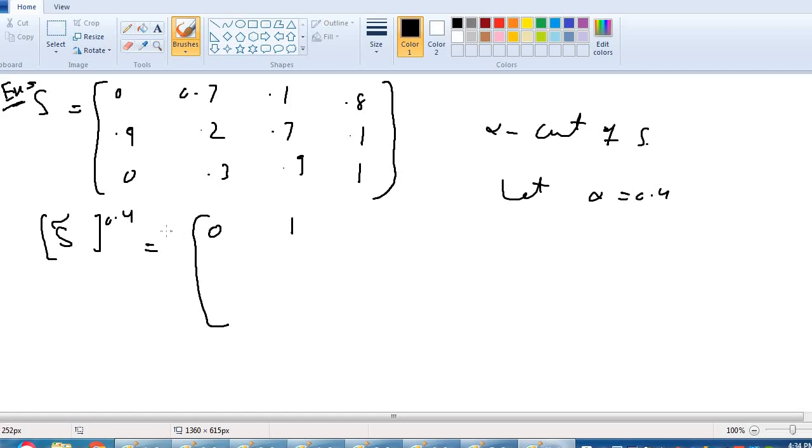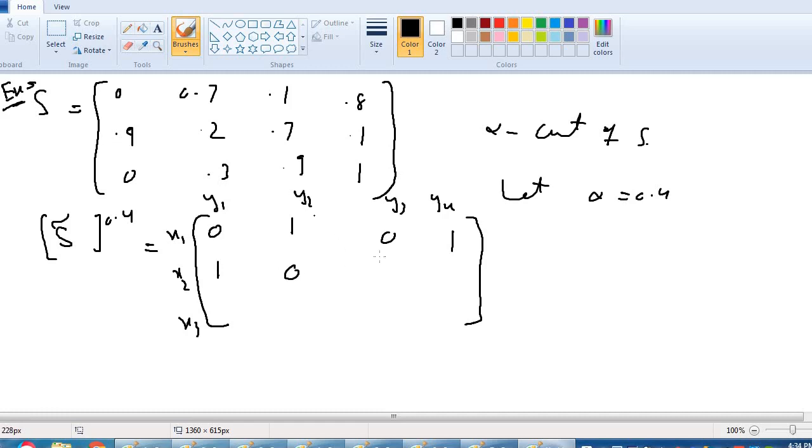For example, we have here x1, x2, x3, and here y1, y2, y3, y4. Then what will be the matrix? Now 0.1 is less than 0.4, so it is 0. 0.8 is greater than 0.4, so we write 1. Again 0.9 is greater, so 1.